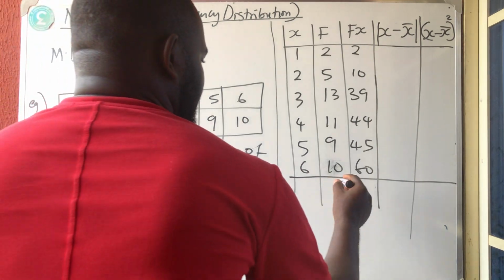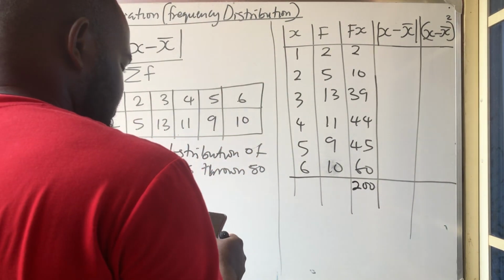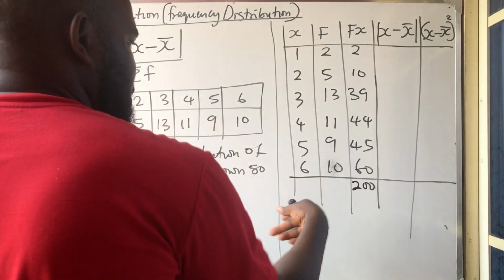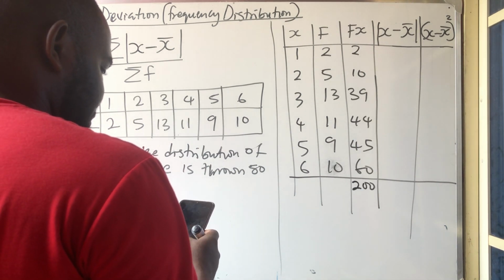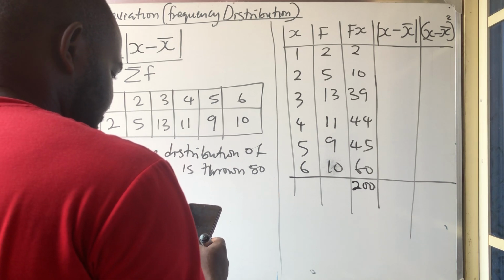I'm having 200 here, so that is the summation of f of x. Now summation f is 50, but if you are not okay with it, add again and you will still get the same 50: 2 plus 5 plus 13 plus 11 plus 9 plus 10.